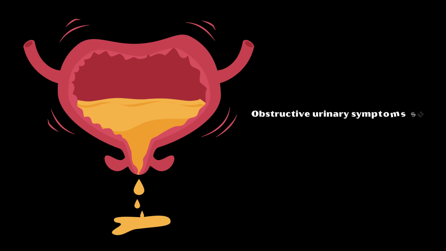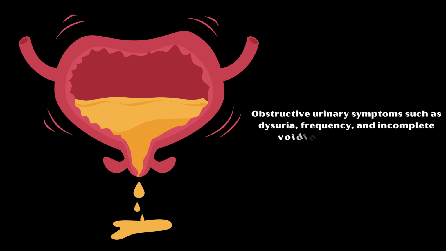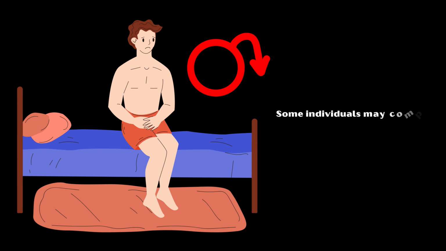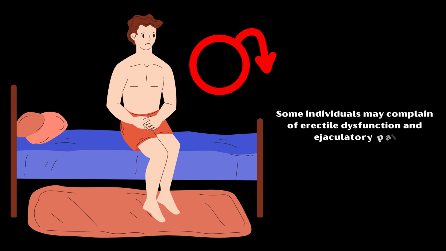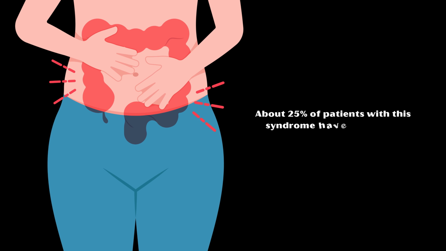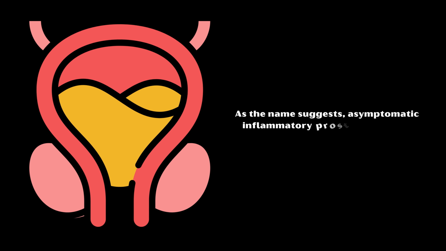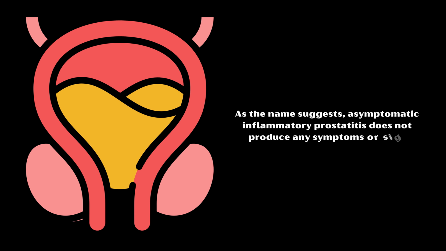Obstructive urinary symptoms such as dysuria, frequency, and incomplete voiding may also be present. Some individuals may complain of erectile dysfunction and ejaculatory pain. About 25% of patients with this syndrome have coexistent inflammatory bowel disease. As the name suggests, asymptomatic inflammatory prostatitis does not produce any symptoms or signs.